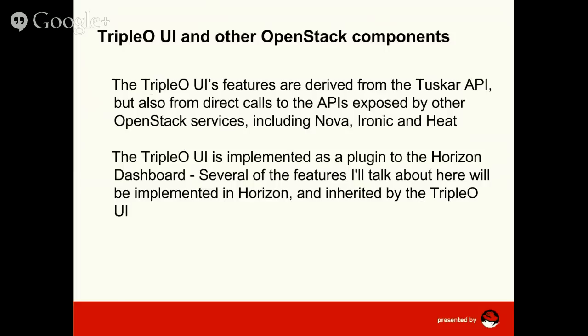TripleO UI is implemented as a plugin to the Horizon dashboard, and people who are familiar with OpenStack will know that the Horizon dashboard is essentially a fairly thin and stateless layer which represents the capabilities of the underlying services. We follow the same model essentially in the Tusker UI and reuse a lot of the same code.